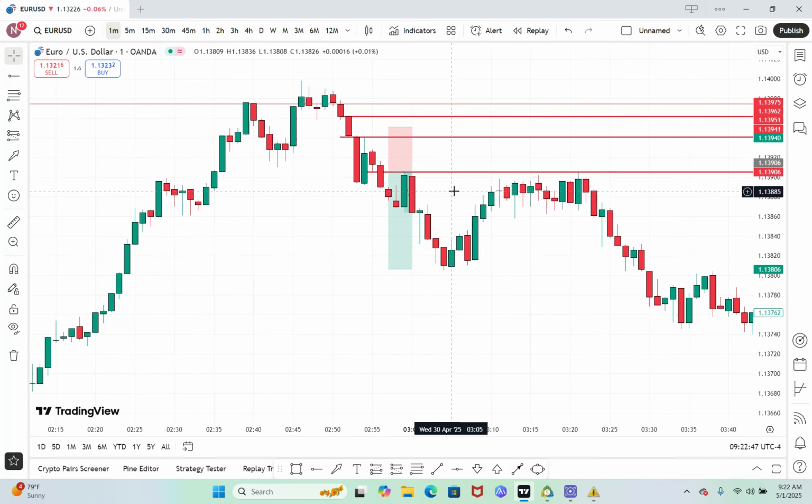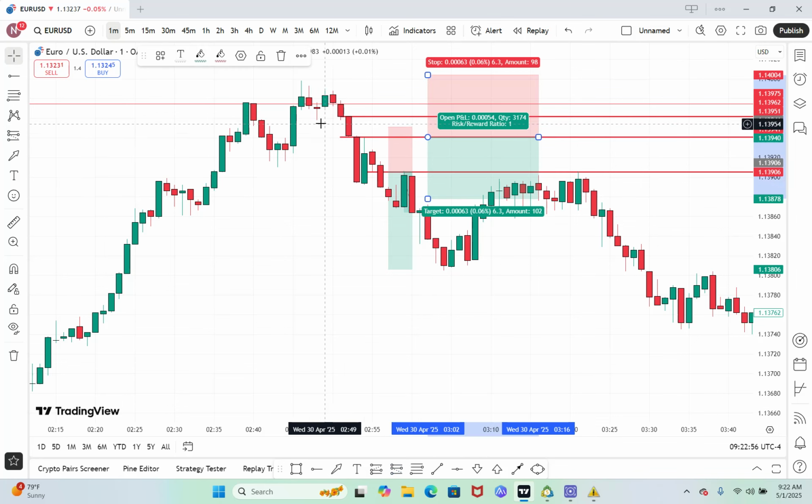Going to take 2 entries. This one as well, because a strong sell pressure was in this structure right here. Strong sell pressure, so chances are sellers are in this one as well.